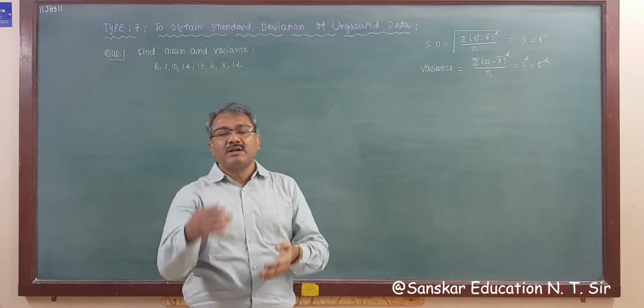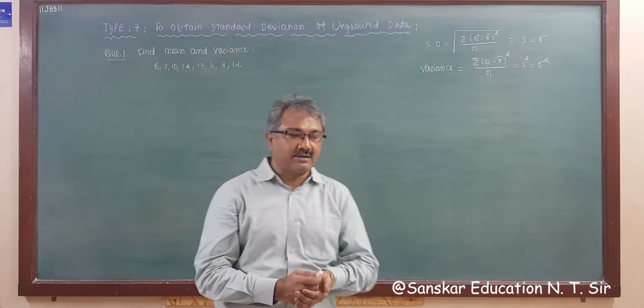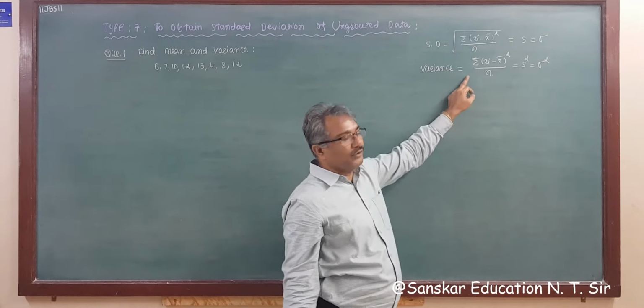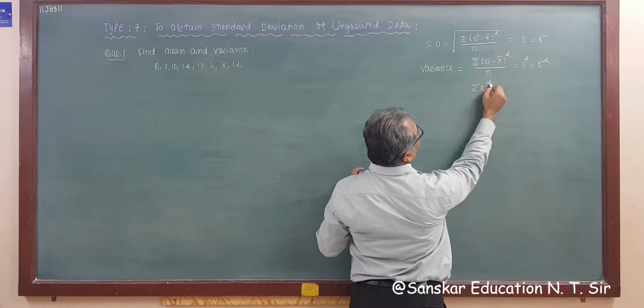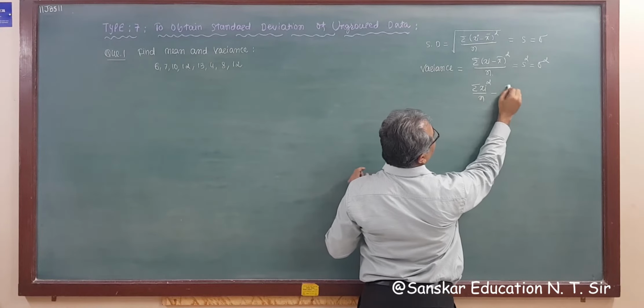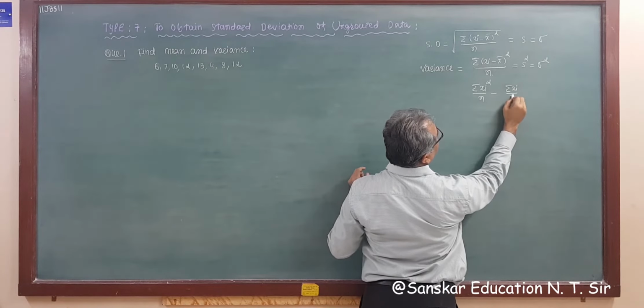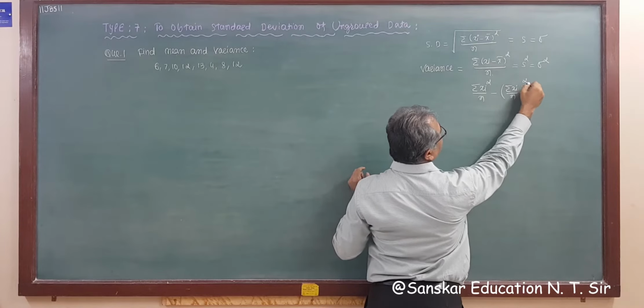And for a small number of observations, we derive another formula for variance: sigma xi square upon n minus sigma xi upon n whole square.